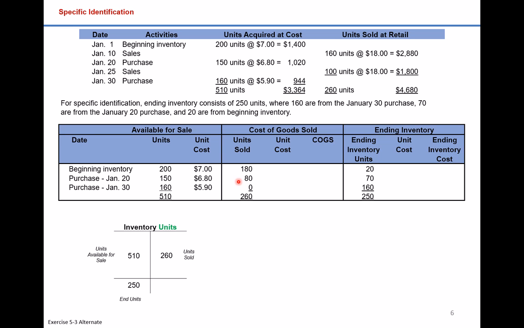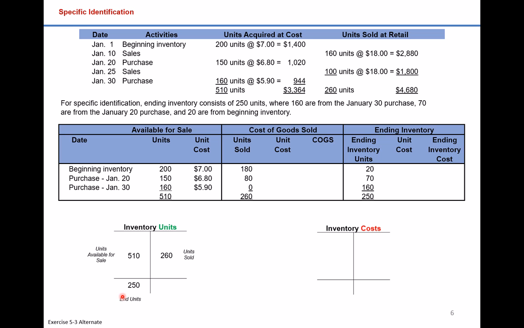So now we know how the units are laid out, specifically what unit layers make up the 260 that were sold and what unit layers make up the 250 that remain. Now let's move into the cost to try to determine what were the cost of goods available for sale, what were the cost of goods sold, and what is the company's ending inventory.